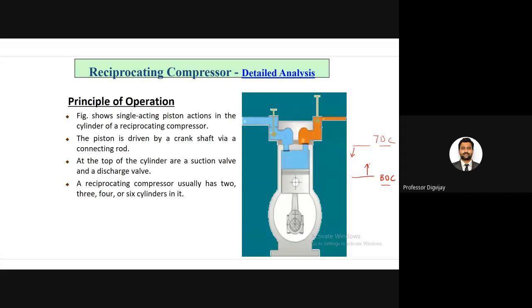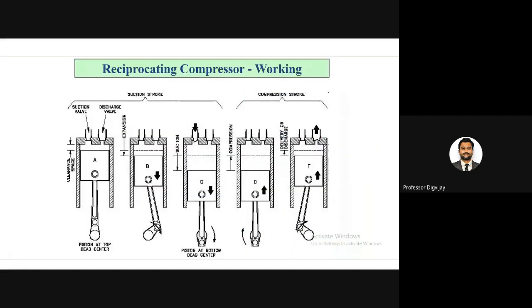While it moves upward, it compresses the air, and finally the discharge valve opens, and the compressed air is stored in a vessel, or it can be supplied depending on the application. So this was the step-by-step operation of a reciprocating air compressor.